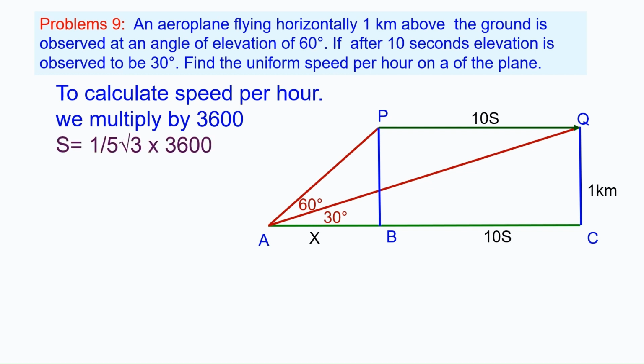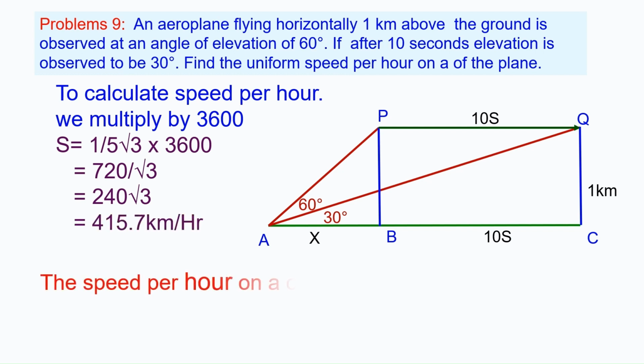To calculate speed per hour, we multiply by 3600, as 1 hour equals 3600 seconds. So we get the speed of the plane as 415.7 kilometers per hour.